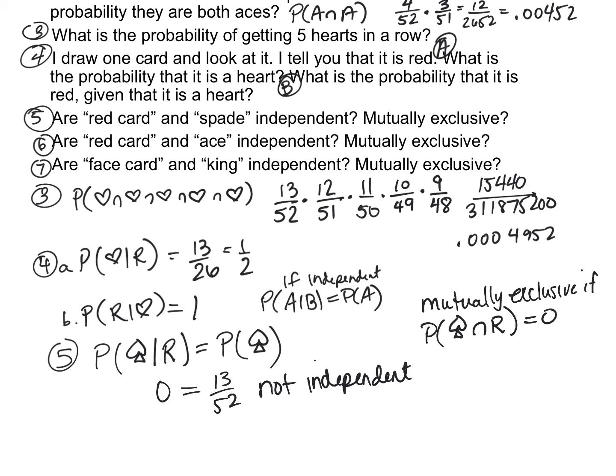No. So if that probability is 0, then yes, spade and red are mutually exclusive. What's another word for mutually exclusive? Disjoint. Disjoint is the same as mutually exclusive.